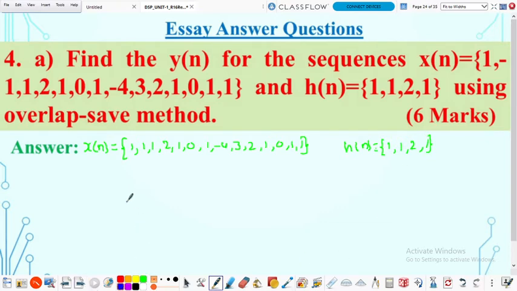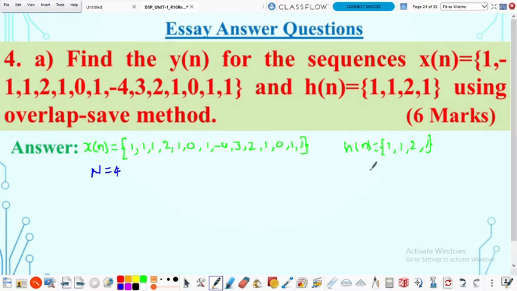From the input sequence, the total number of samples is 14: 1, 2, 3, 4, 5, 6, 7, 8, 9, 10, 11, 12, 13, 14. So the length of the input sequence, capital N, is equal to 14, and in the impulse response the total number of samples is 4.